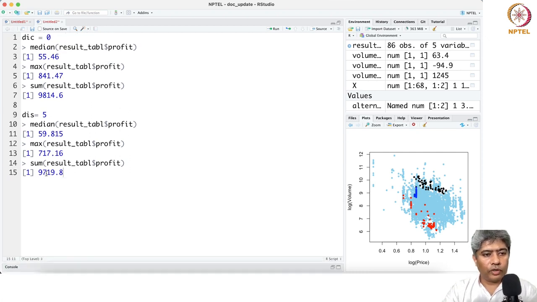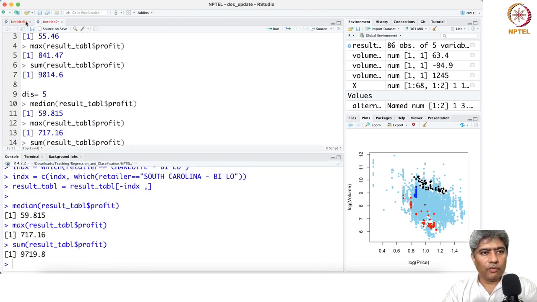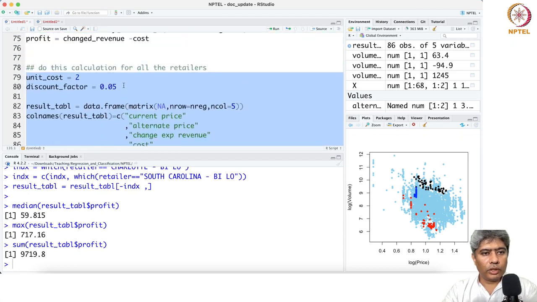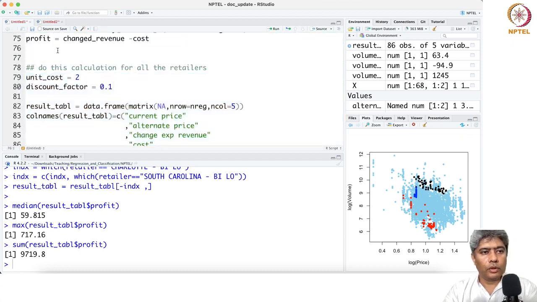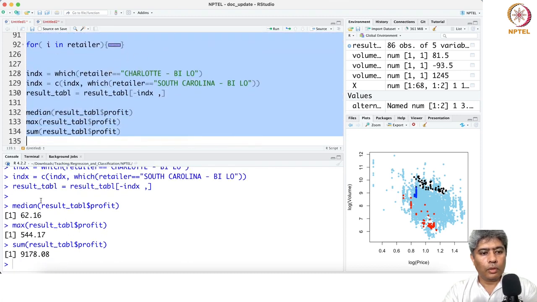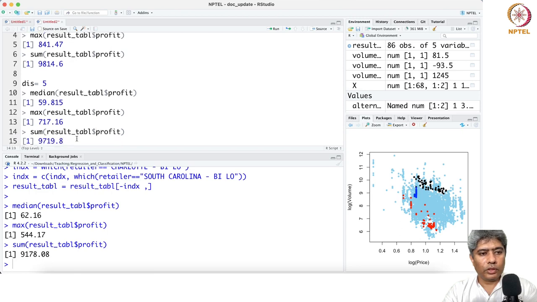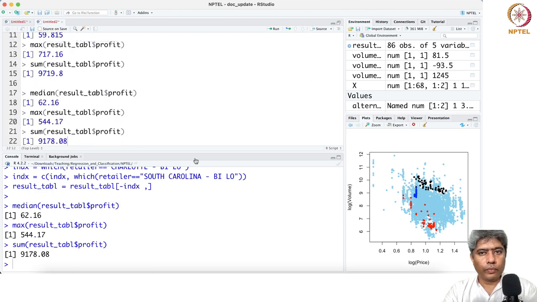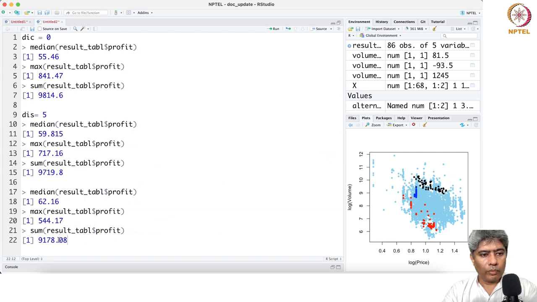Now my total profit reduces a bit, and then if I give 10% discount, my median profit increases probably to 62, but total profit drops. So total profit drops, max profit drops, but the median goes up.